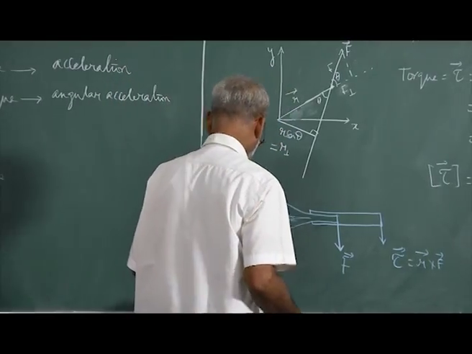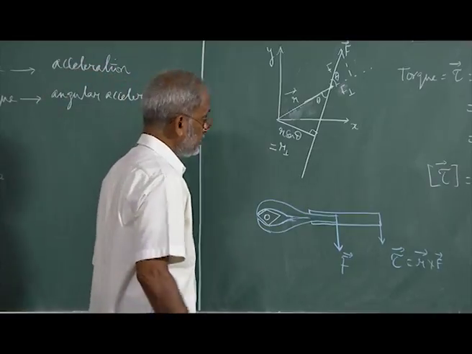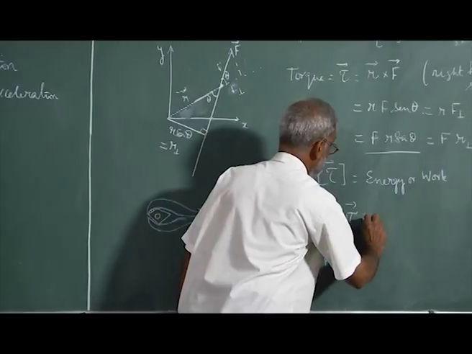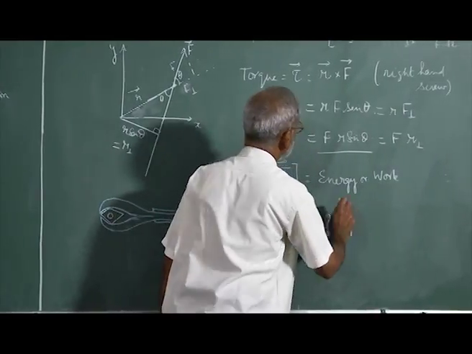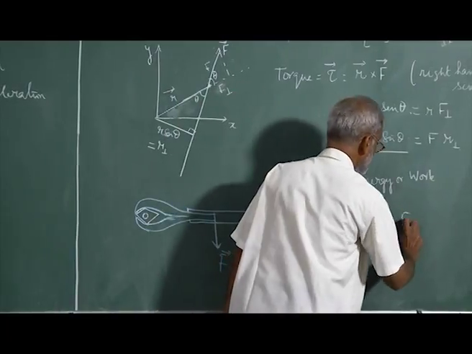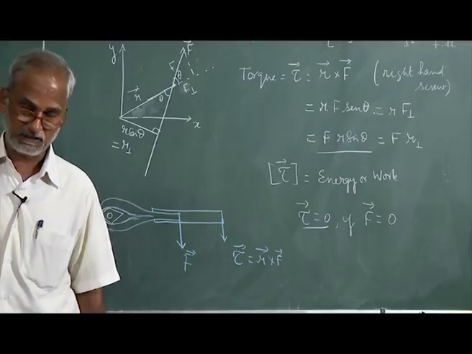So, when is tau 0? When is the rotational effect 0? If the force is 0, if there is no force, then certainly you cannot rotate, there is no torque at all.